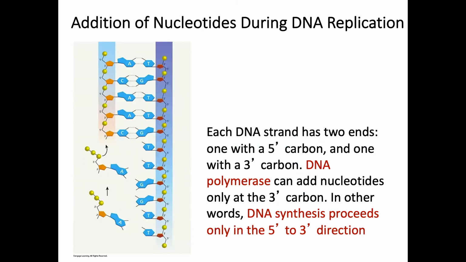Another important feature is the direction of DNA replication. We learned that each DNA strand has two ends, 5' and 3'. So DNA polymerase can add nucleotides only at the 3'. Therefore, DNA synthesis proceeds only in the 5' to 3' direction.